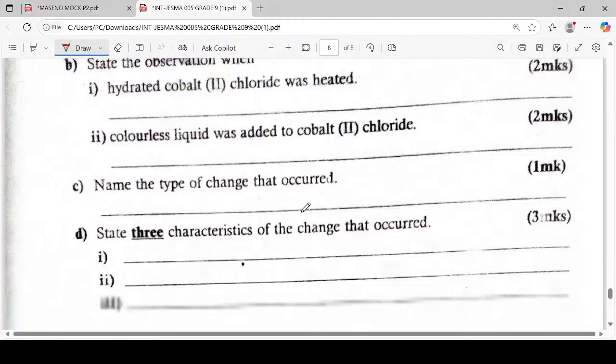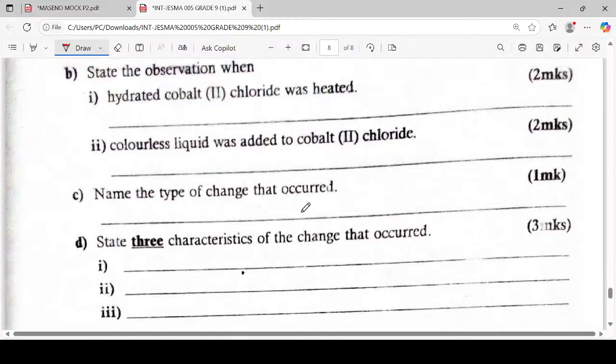Part B, state the observation when hydrated cobalt 2 chloride was heated. Originally its color is pink.